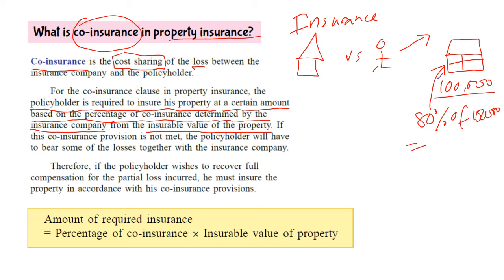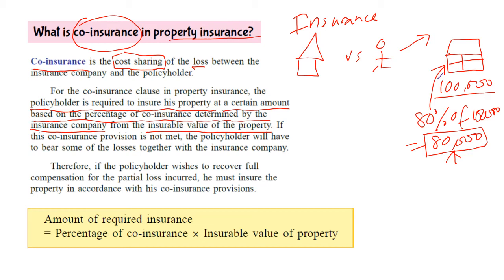So 80% is 80,000, right? So this is the amount that will be insured, the required amount for you to insure the house so that you will get a full compensation.